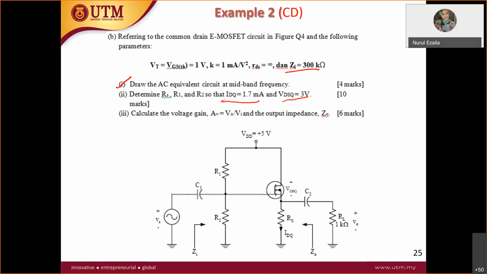No. You can find gm because ID is given. So RS, find RS. I think from the DC analysis, VDSQ is given, you have VDS, RS.